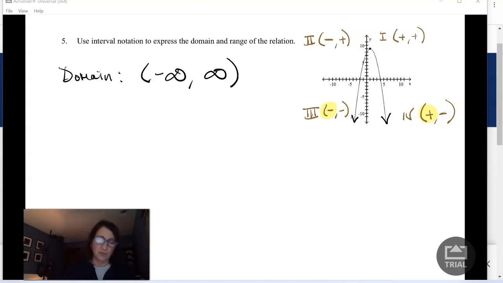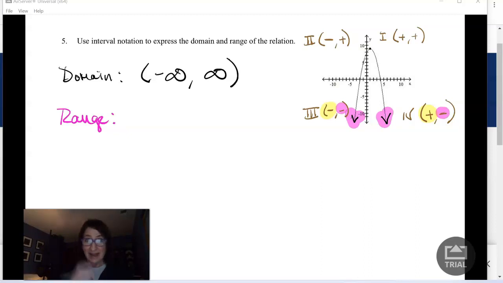Now, to write my range, that's my y values. So my y values for this particular parabola, the smallest number that I'm going to have on my y-axis, okay, we're both going down. So my y's are both negative as I go down in quadrants 3 and 4.